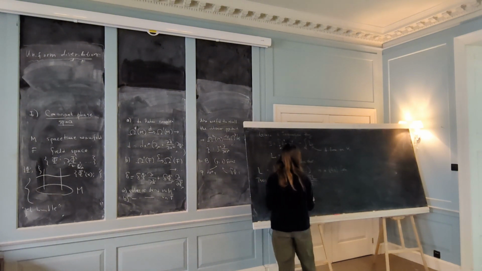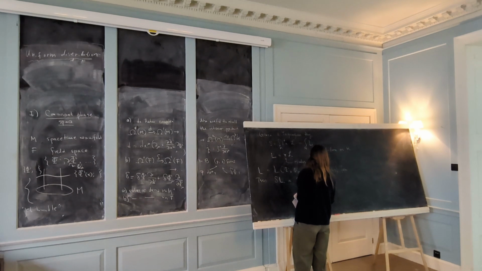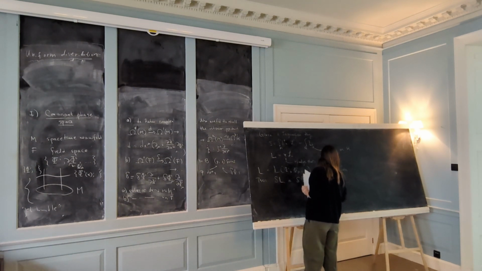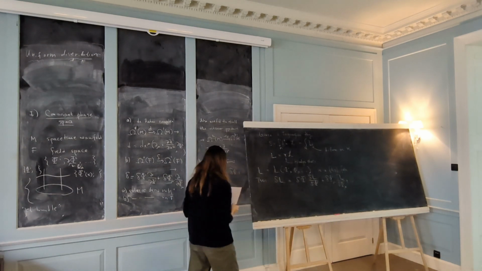So this gives me the thing that you usually get: the variation with respect to each of the field coordinates, the coordinates on field space, delta phi I. Yes, this is the standard thing.